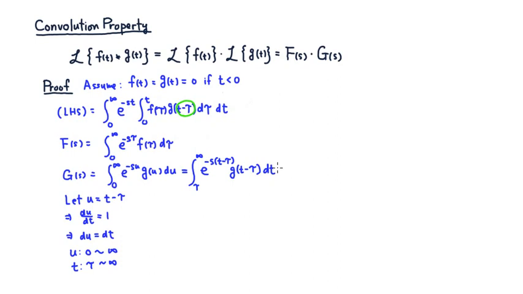And another trick is that if t is smaller than tau, this t minus tau is going to be negative, in which case g of t minus tau is going to be 0 anyway.